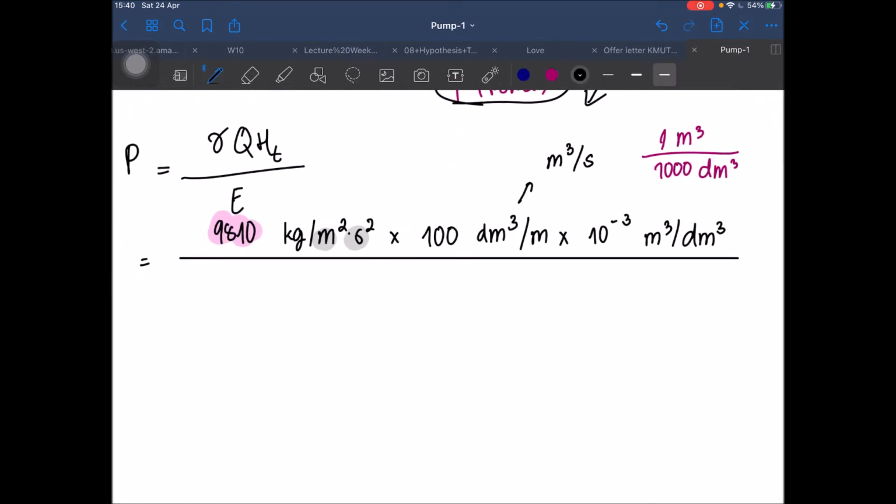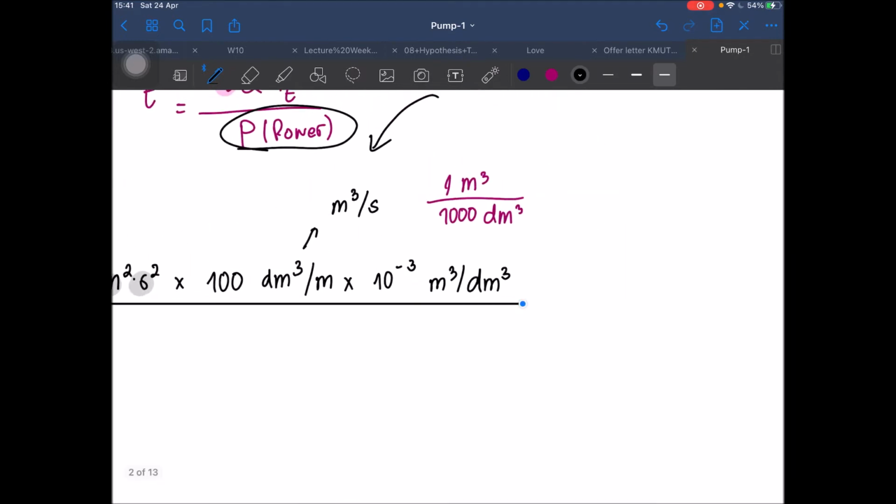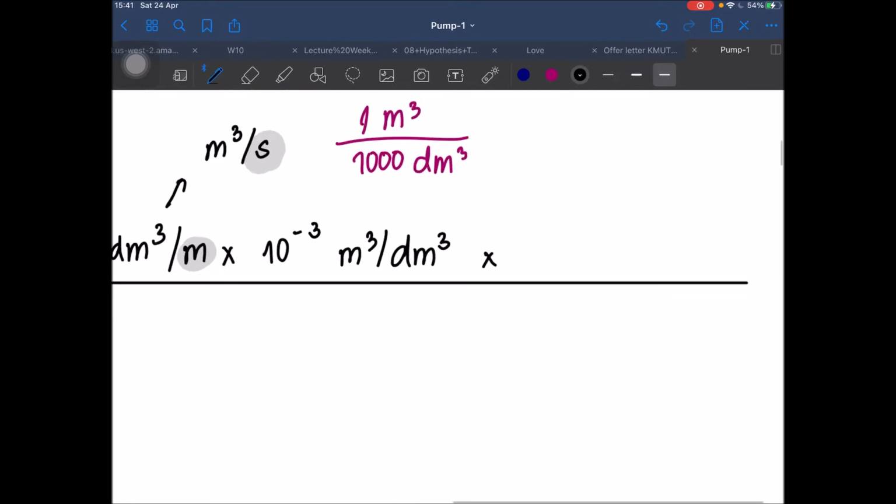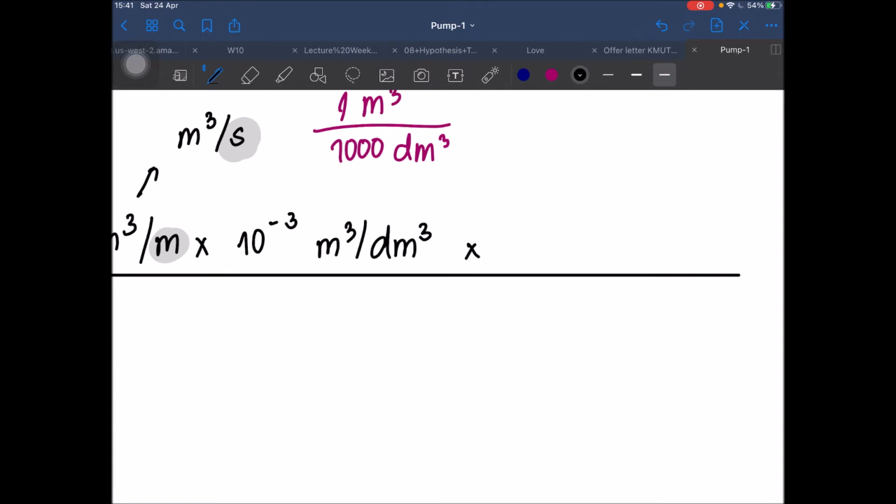Yep. And then we have the convert from M here, convert the S here and the minute here. So now we multiply by like this.